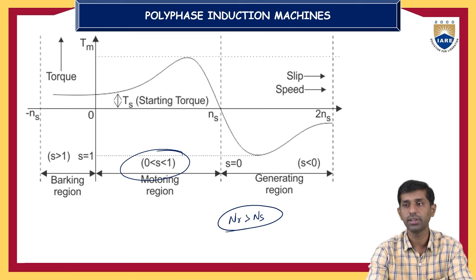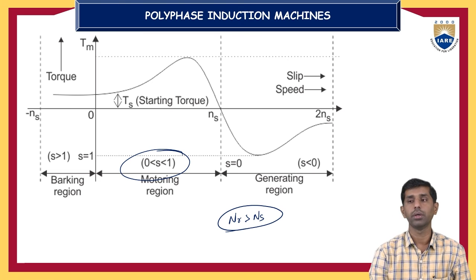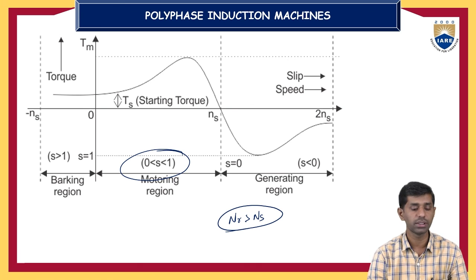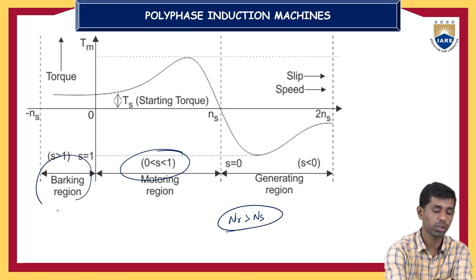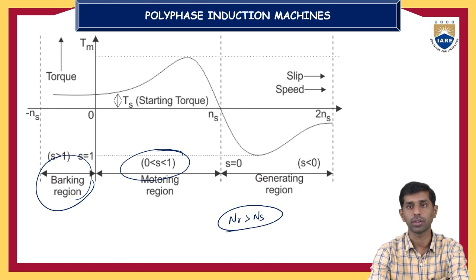Instead of consuming power from the bus bar, it will now export power, or supply power to the bus bar. When slip is greater than 1, it comes into the braking mode. Generally, these kinds of braking modes are useful in the case of electric locomotives, that is tractions.